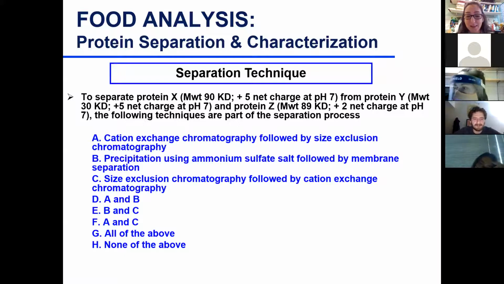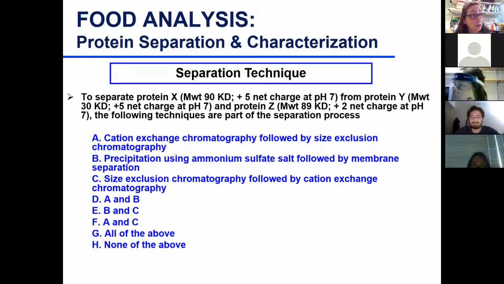Now let's think about it together. Cation exchange, meaning we're using ion exchange chromatography to separate positively charged molecules. All of these proteins are positively charged. So with cation exchange, I can for sure separate protein Z from the other two because it has +2 charge, so it will leave the column sooner than the other two.